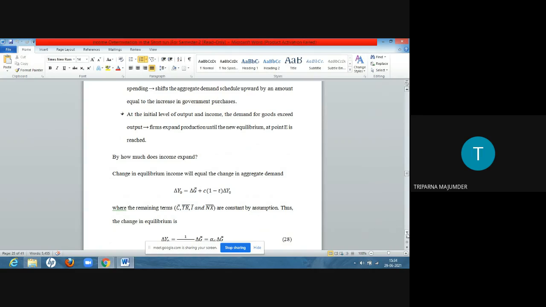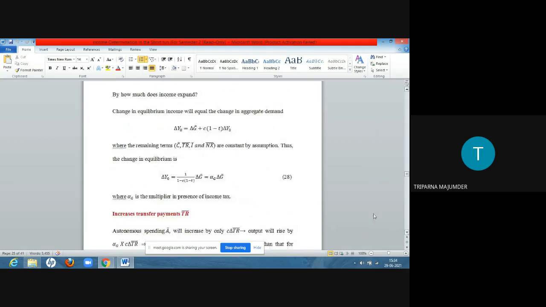Thus, the change in equilibrium income delta Y0 is equal to 1 by 1 minus C into 1 minus T into delta G bar. We can term this as alpha G. So delta Y0 is equal to alpha G into delta G bar, where alpha G is the multiplier in presence of income tax.